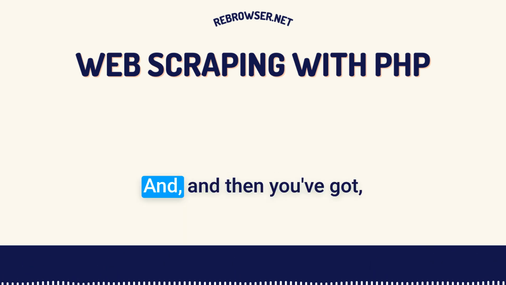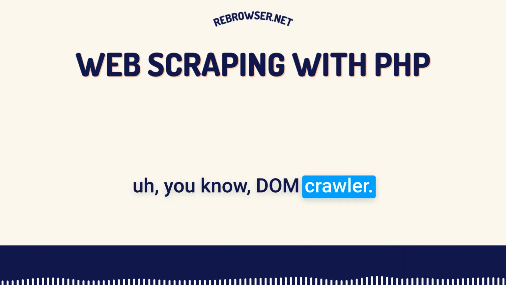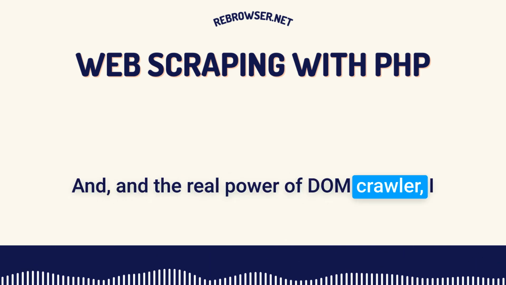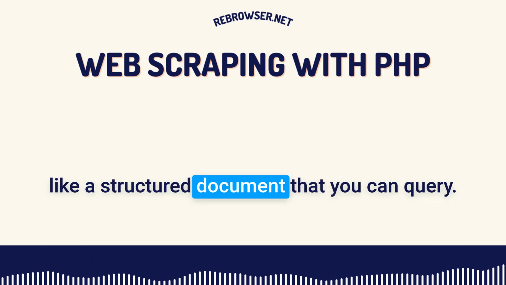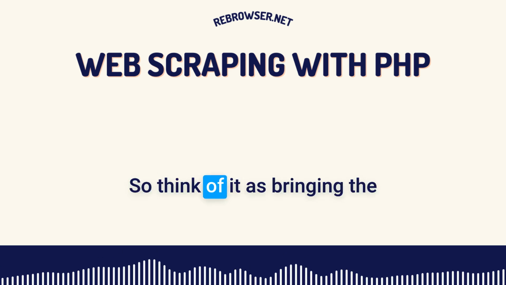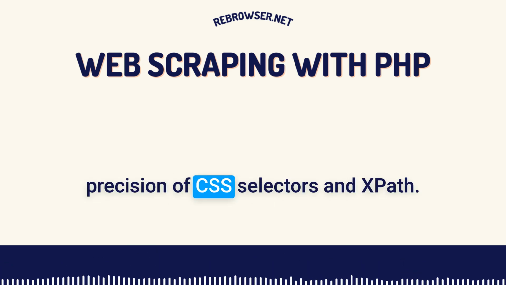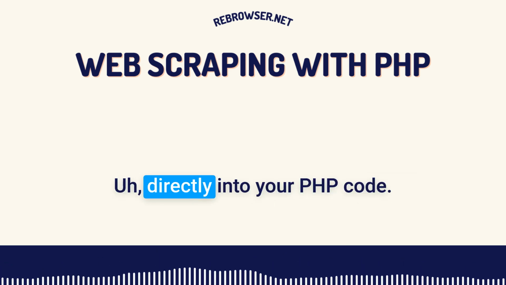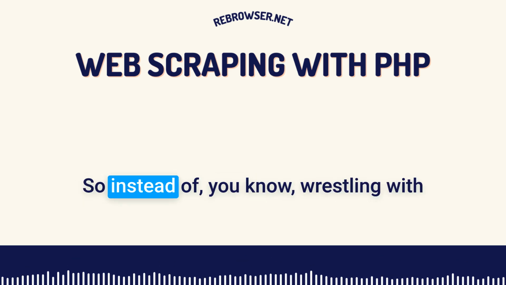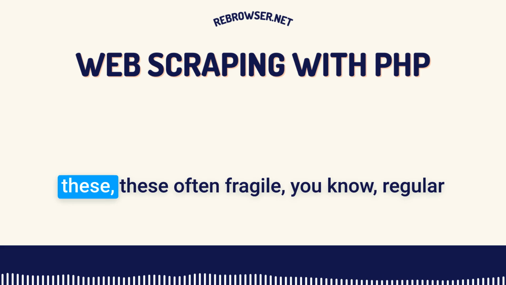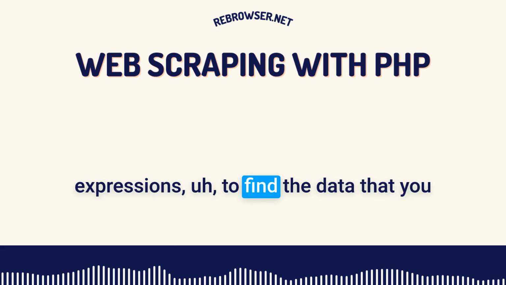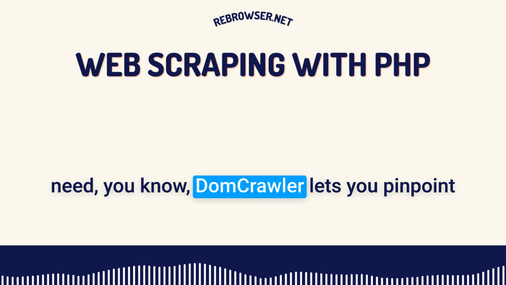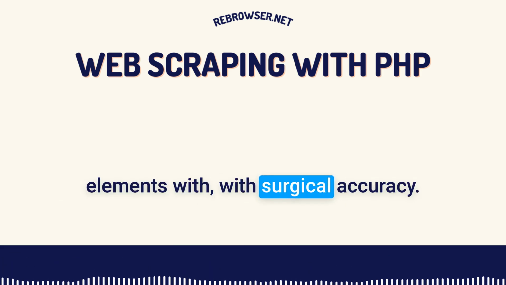Precisely. And then you've got DomCrawler. Its real power lies in its ability to treat a web page like a structured document that you can query. Think of it as bringing the precision of CSS selectors and XPath directly into your PHP code. Instead of wrestling with often fragile regular expressions, DomCrawler lets you pinpoint elements with surgical accuracy.